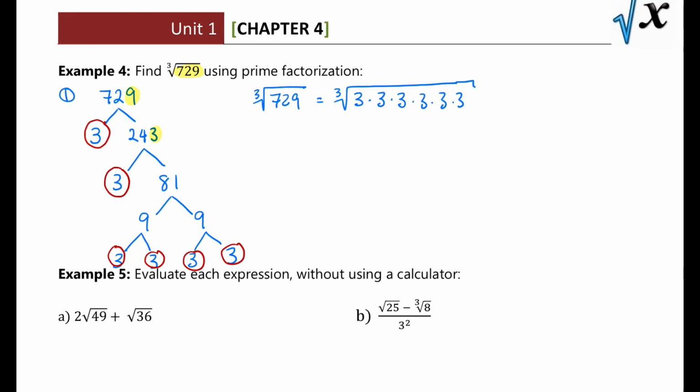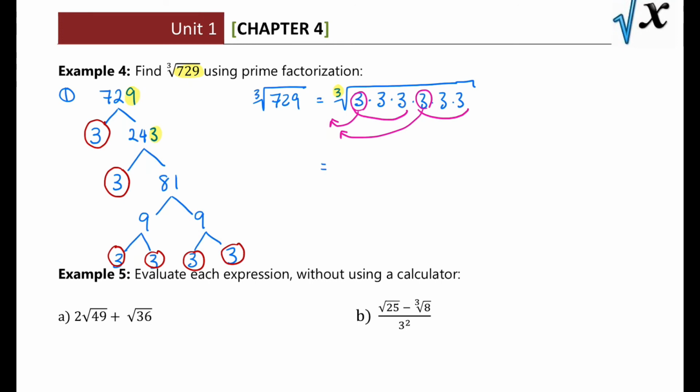All right, and then we're going to take a look. Last lesson, we talked about how the index here tells you how many of the same kind we're trying to take out. So here we can say that there's 3 3's and another 3 3's. So we can take one out from each group.